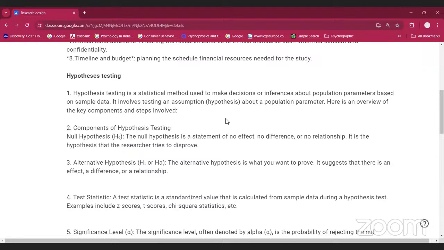Sir, when the result is generalized over the population, any characteristic is called a population parameter. No, population parameter means parameters of the normal probability curve.